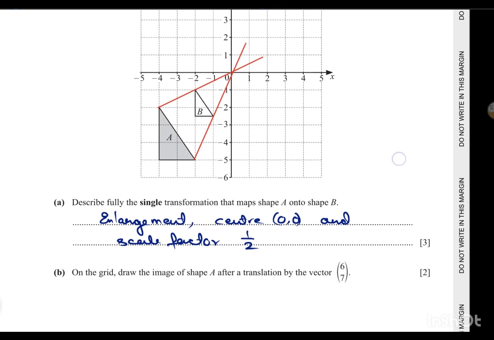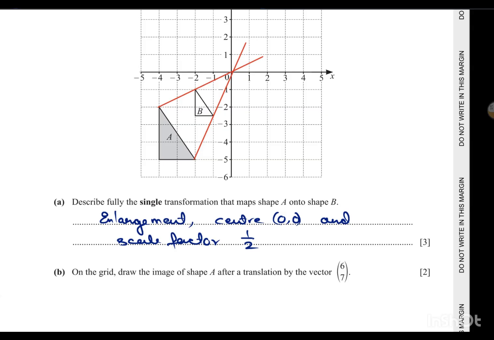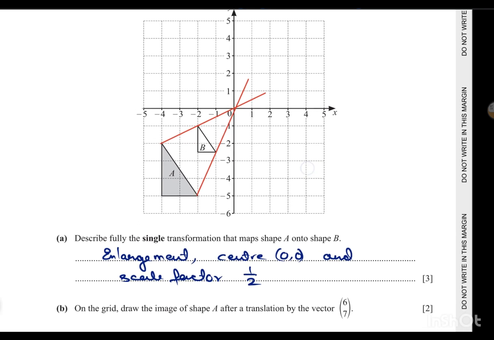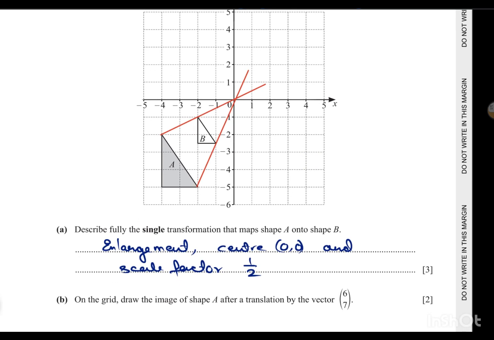B now. On the grid, draw the image of shape A after a translation by vector 6 7. The vector is given, you have to translate and draw the shape. Shape A is this. Now take one of the vertices of that shape.